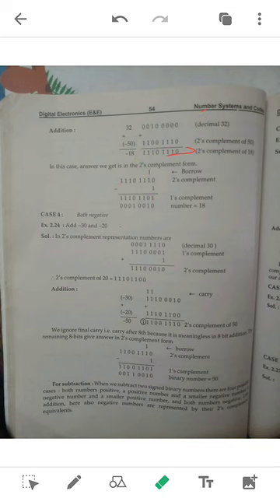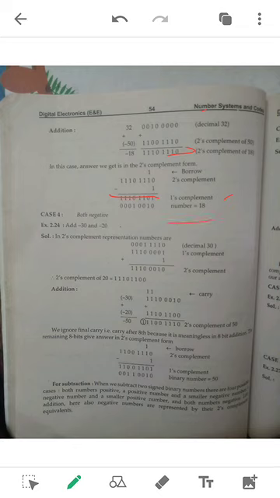After this you are getting the ones complement format, 1110 1101. After subtracting by 1, the number is converted into ones complement form. To get the original number, what do we have to do?